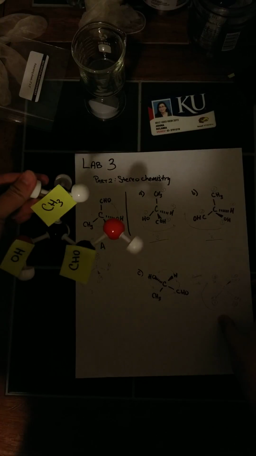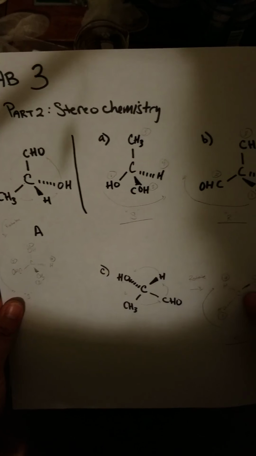Here's the student ID. So for part 1 of lab 3, we're identifying stereochemistry using the molecular model. It's all labeled here with hydrogen in the back. I try to find the R and S configurations.